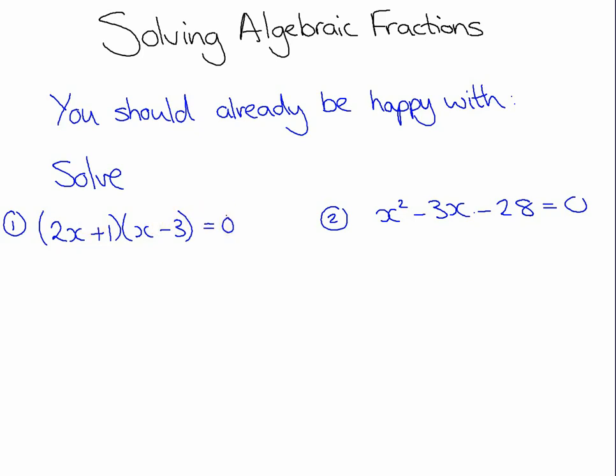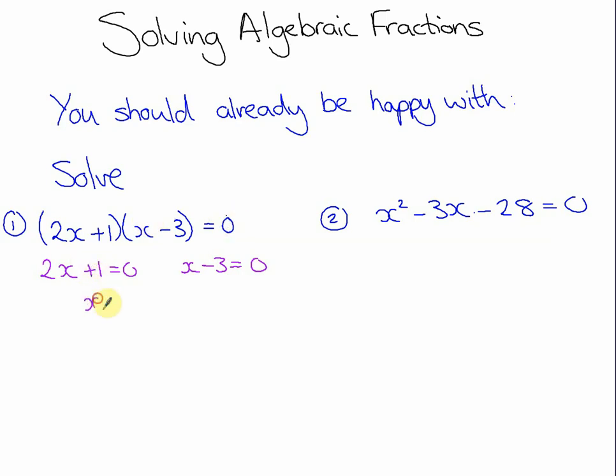If this one wasn't 0 but this one was, it would be 0 times this, which would also equal 0. So to make any multiplication equal 0, we've got to either make this bracket equal 0, so 2x plus 1 equals 0, or we make x minus 3 equal to 0. If we do that, this multiplication will be 0.